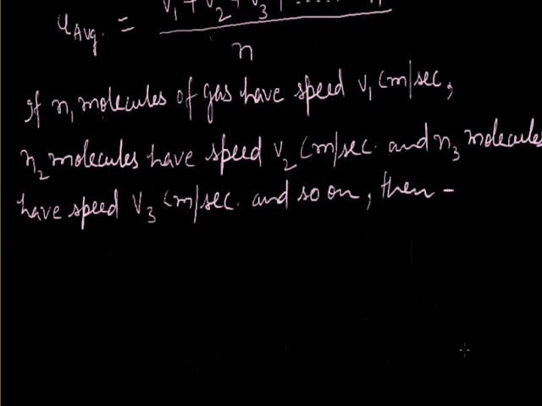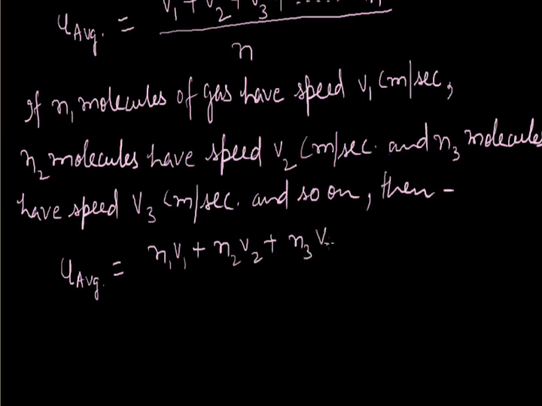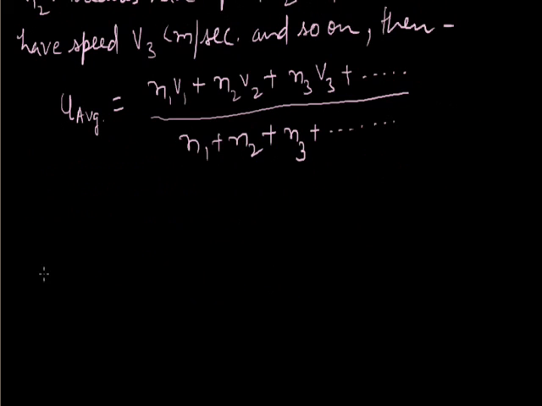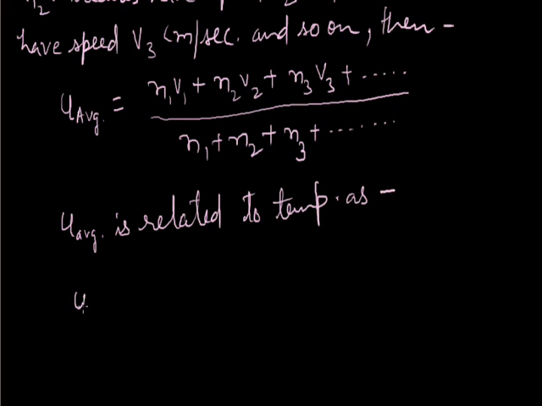Then average speed equals n1 v1 plus n2 v2 plus n3 v3 plus so on, upon n1 plus n2 plus n3 plus so on. Here average speed is related to temperature as u average equals square root of 8RT upon pi M.